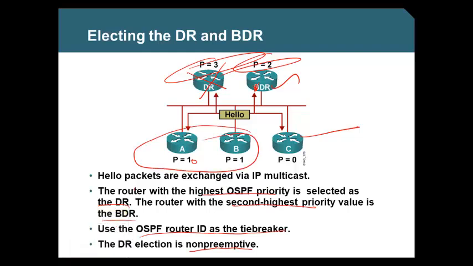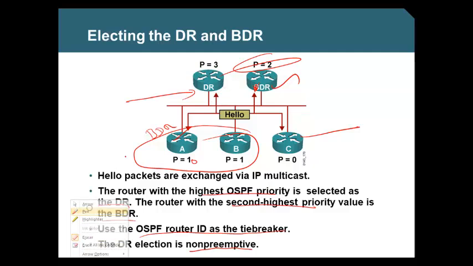DR is coming back again. But the problem is, because there is DR and BDR already, this cannot become a DR or BDR. It will go as DR other only. Fine. Now this DR is dead. What will happen? This will be promoted as DR. See, now only it gets a chance to become a DR. And now the election will be between these two guys.